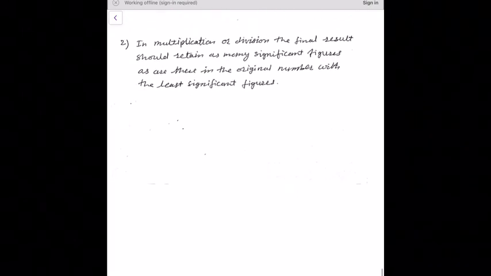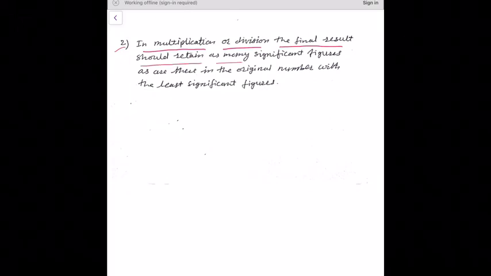Next, second, in multiplication or division, the final result should retain as many significant figures as there are in the original number with the least significant figures.